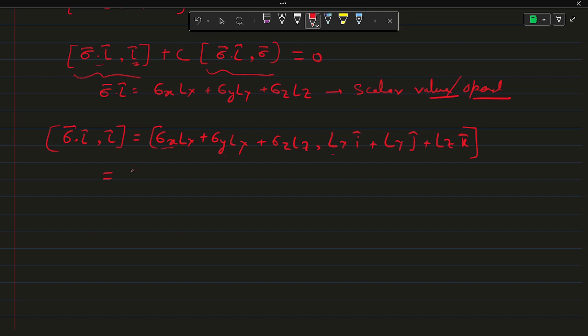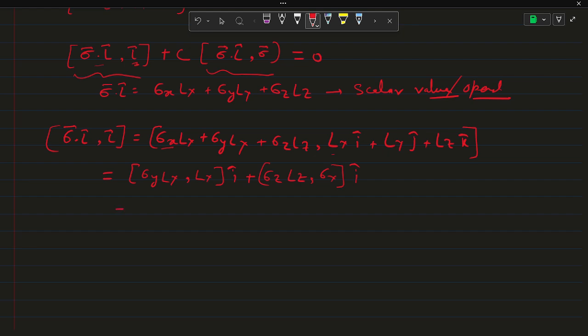So we will directly write sigma y Ly Lx i cap plus sigma z Lz Lx i cap.